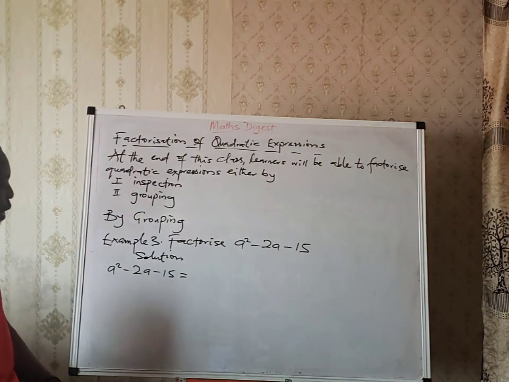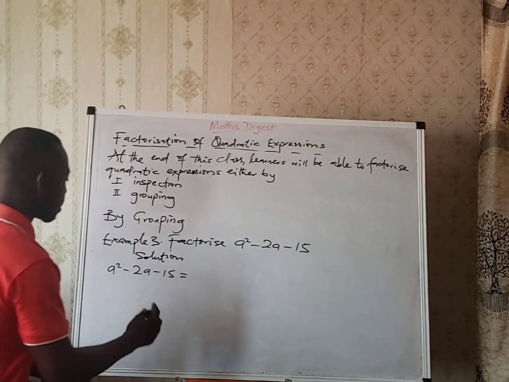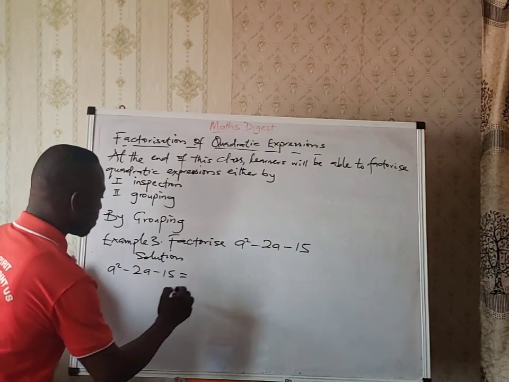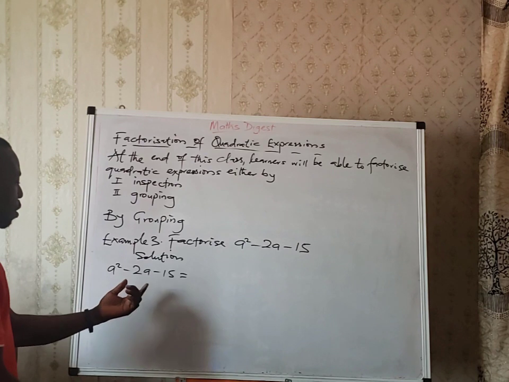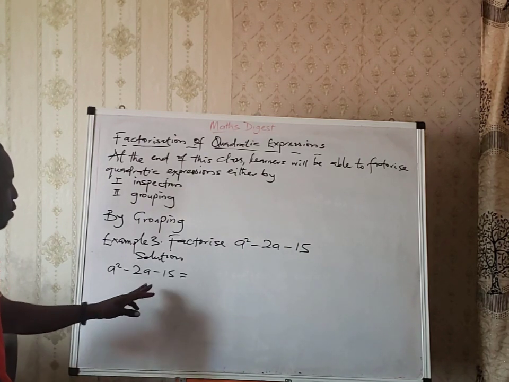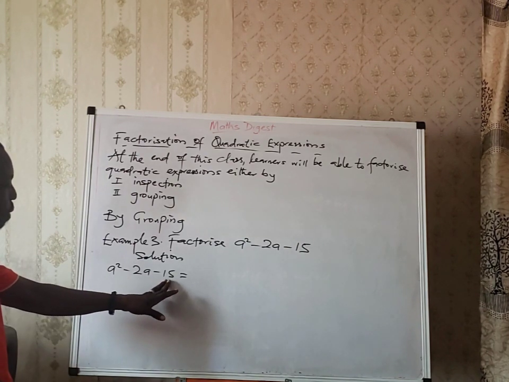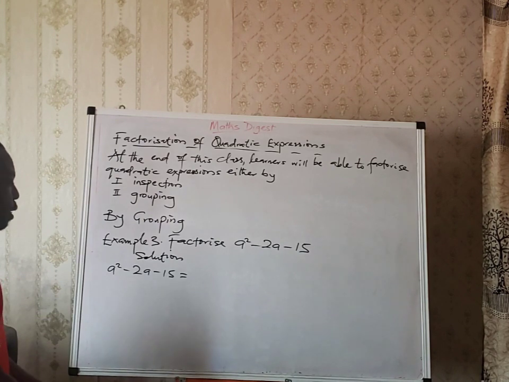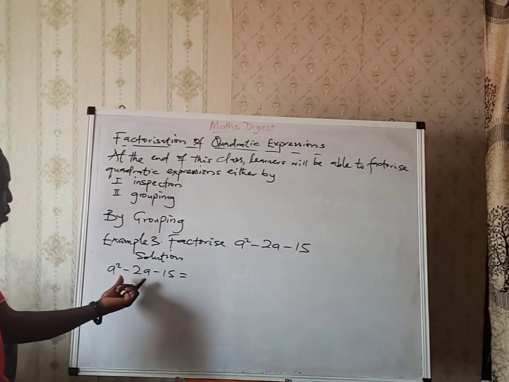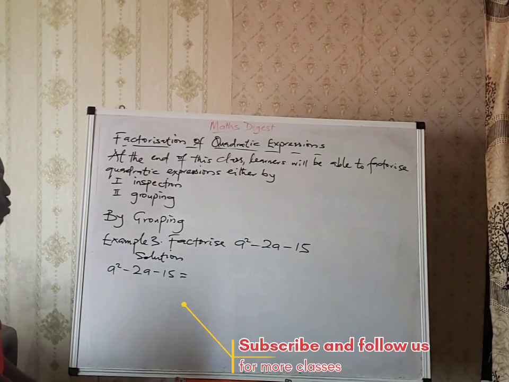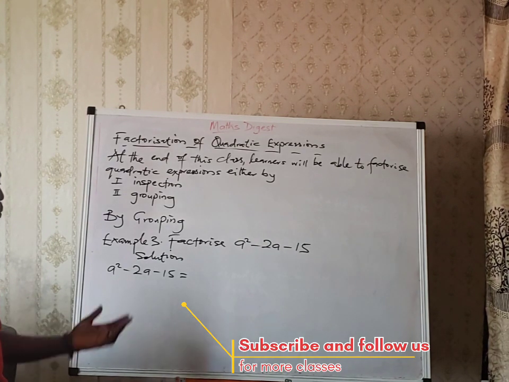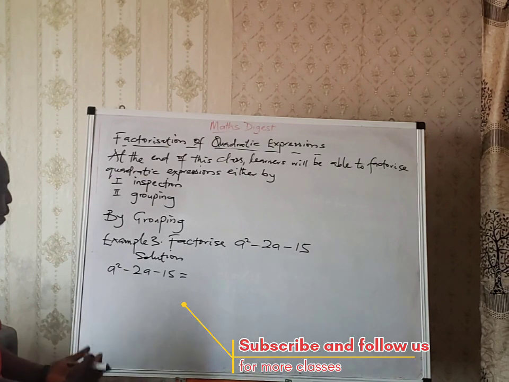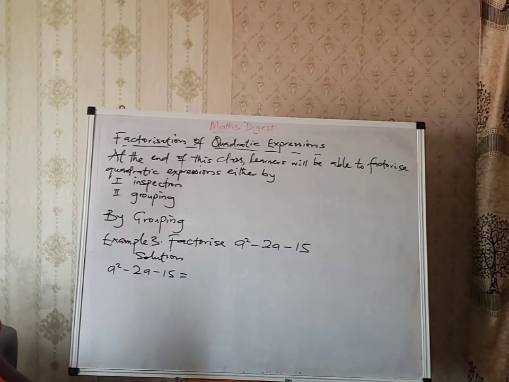And how do we do that? We can simply do that just like we did in inspection. We look for the 2 terms that will satisfy minus 15 when we take the product of them, and minus 2a when we take the addition.